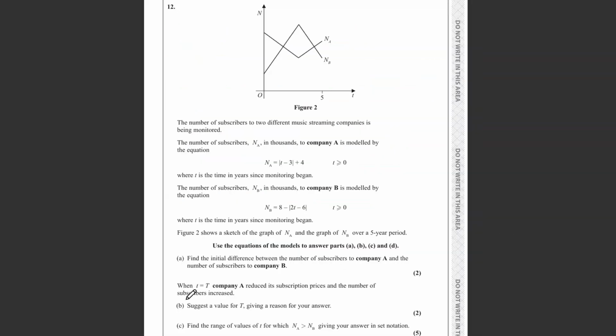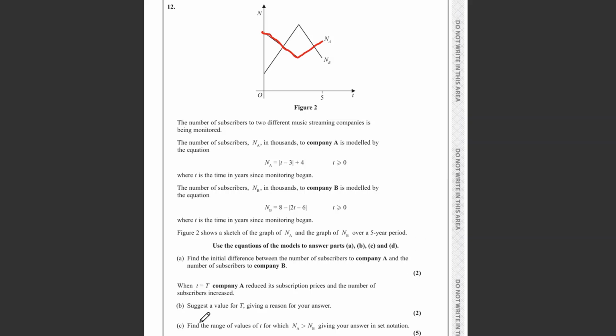Okay, and then for part B, we're told when T is equal to capital T, company A reduced its subscription prices and the number of subscribers increased. And we need to suggest a value for capital T, giving a reason for our answer for 2 marks, okay? So we're talking about company A here, so we're talking about NA, so this line here.